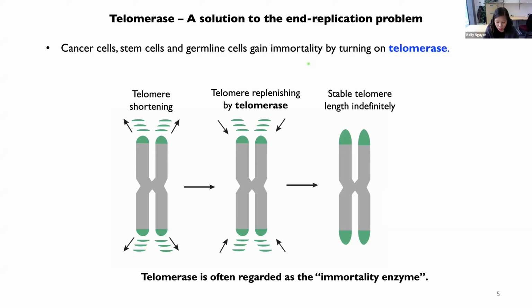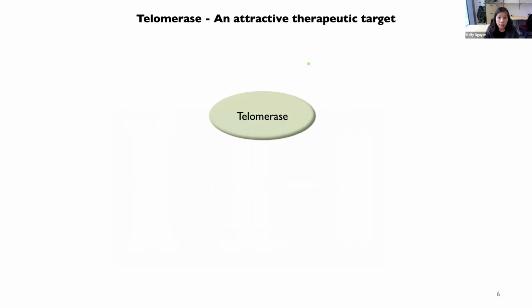So with this knowledge, what has been known for many years since the discovery is that it's a very potent therapeutic target. And you can think about it in multiple ways. One is that, as I mentioned, it is activated in a very small subset of cells, including cancer. So inhibition can be used to target cancer cells.